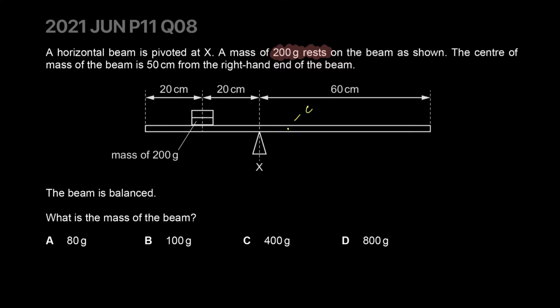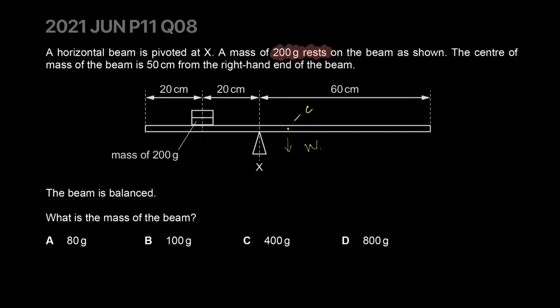Okay, so the mass of the beam is acting over here. And it's actually the weight that's causing the moment, so we've got to find out the weight of this first. According to the pivot, there are two moments acting on it.